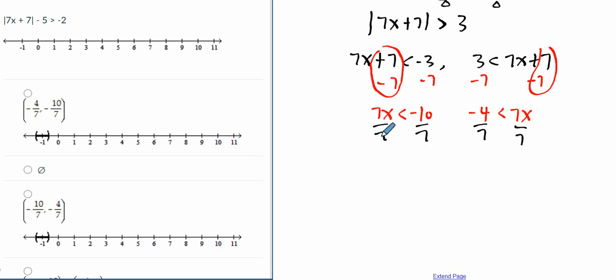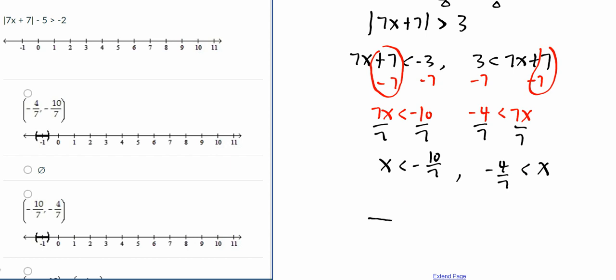So, divide by the positive number everywhere. Here is x less than negative 10 over 7, and here is x greater than negative 4 over 7.